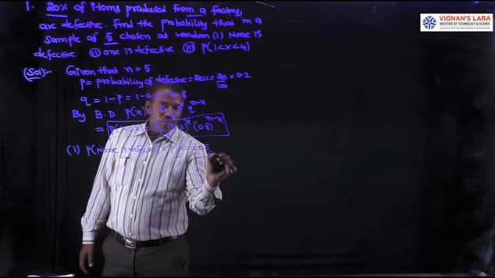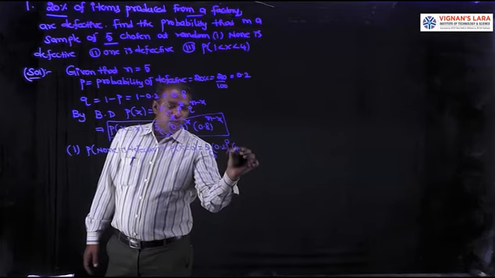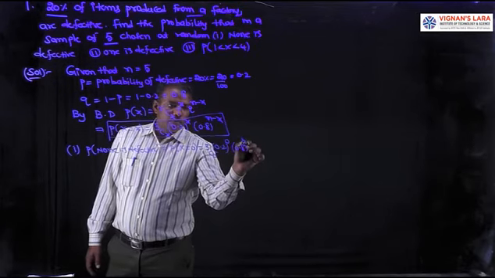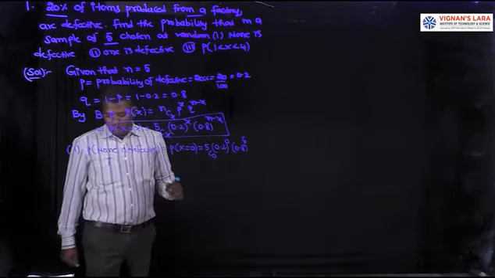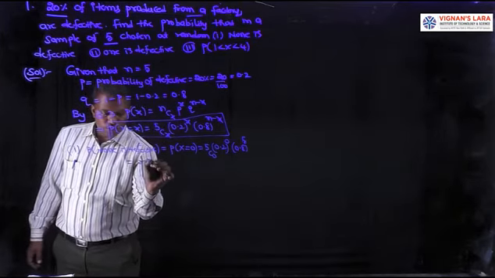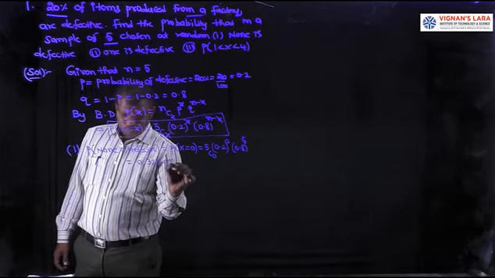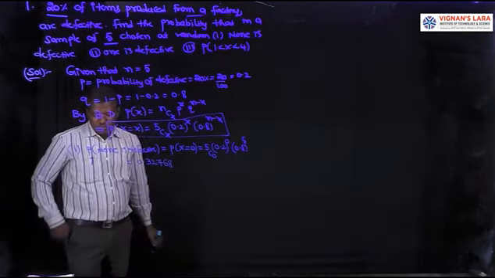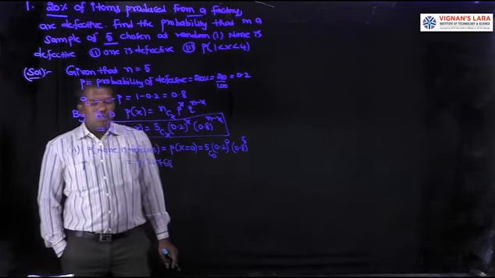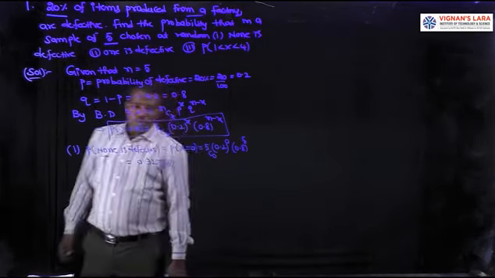That is 5C0, 0.2 whole power 0 into 0.8 whole power 5. So its value is 0.32768. 5C0 is 1 and 0.8 whole power 5.